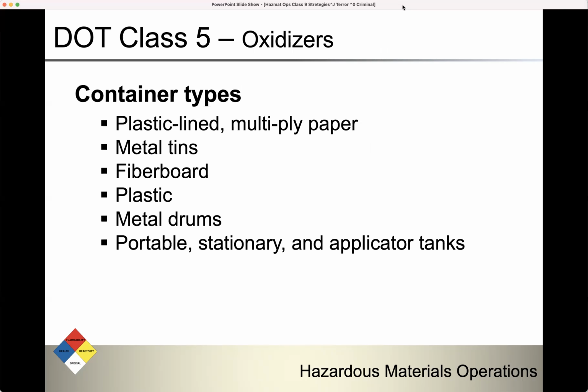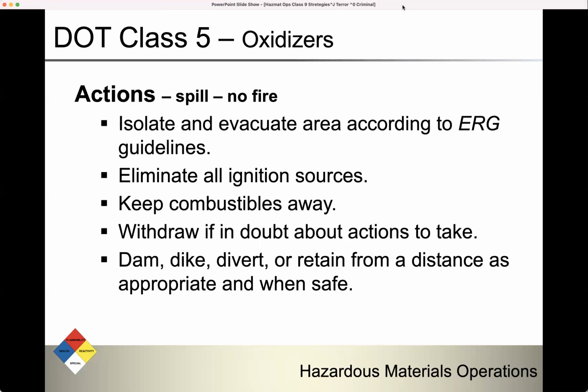Class 5 oxidizers. Containers you're going to see these materials in are plastic lined, multi-ply paper, metal tins, fiberboard, plastic, metal drums, portable, stationary, and applicator tanks. If it's not on fire, again, ERG, eliminate ignition sources, keep combustibles away, withdraw if in doubt, dam, dike, divert, or retain from a distance as appropriate.